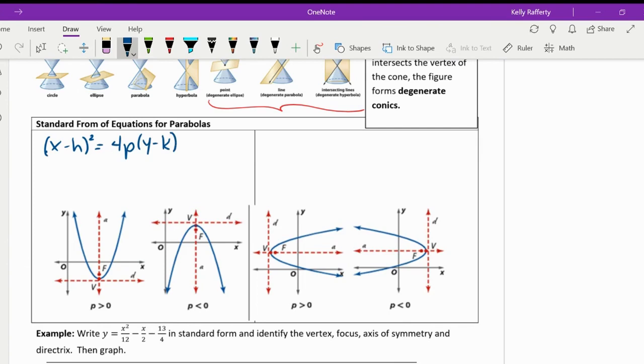And let's define a couple of these things, and hopefully your intro sheet you saw these. So for these, p, and I'm trying to see if I have it in this picture. It's pretty hard to see, but p would be the distance. It's like right here from the vertex to the focus.